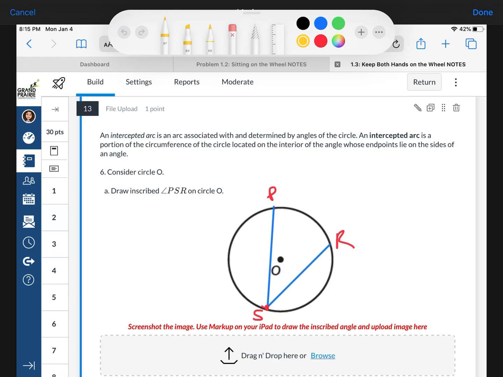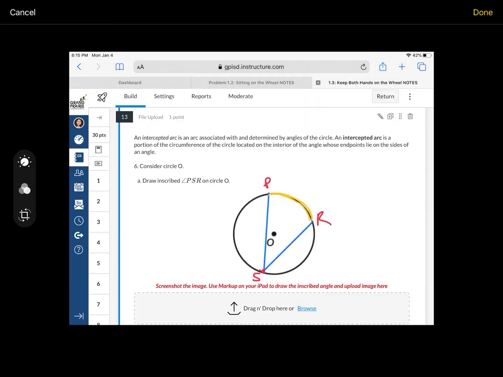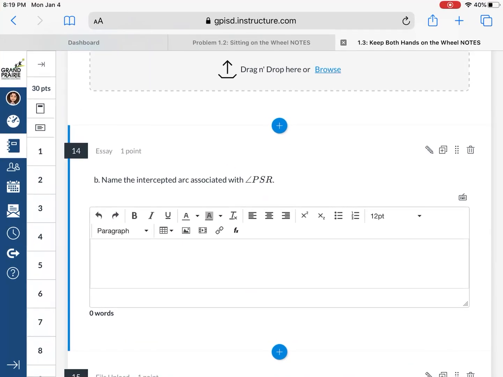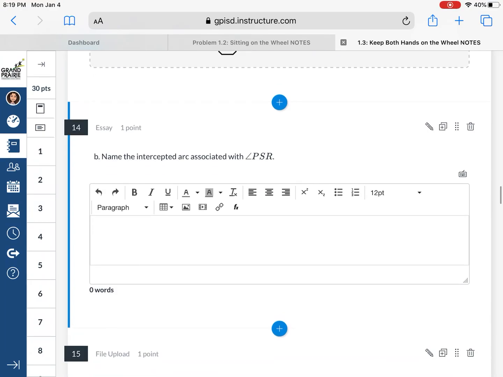If we think of interception as taken away, this part of the circumference of the circle has been taken away from the entire circle. So that is the intercepted arc, the one that I've highlighted. And we can call this intercepted arc, arc PR.